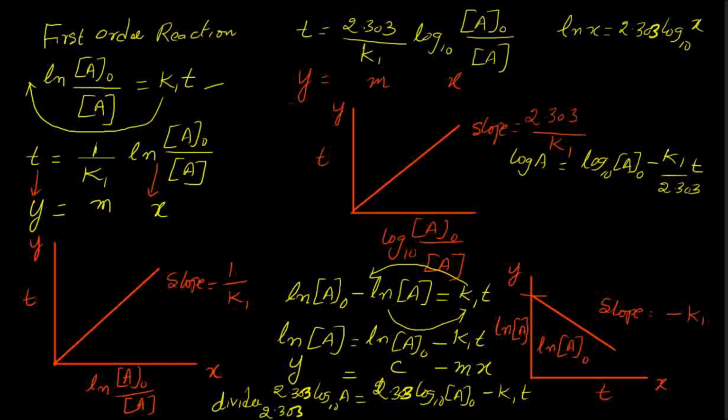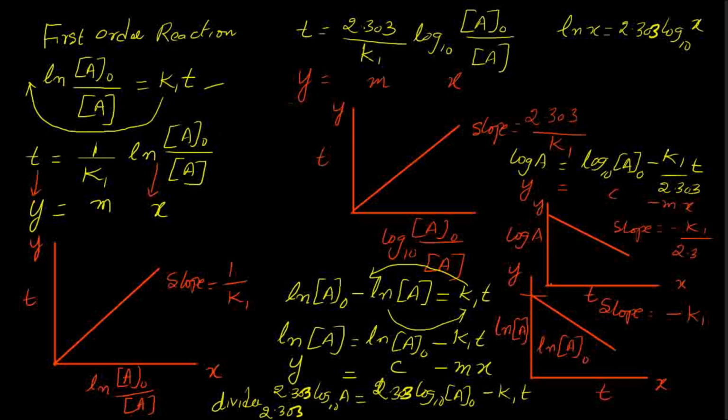So here, in the form of y equals mx plus c, on the y-axis is log a, and on the x-axis is t, and the negative slope equals minus k1 by 2.303, and the intercept is log a naught.